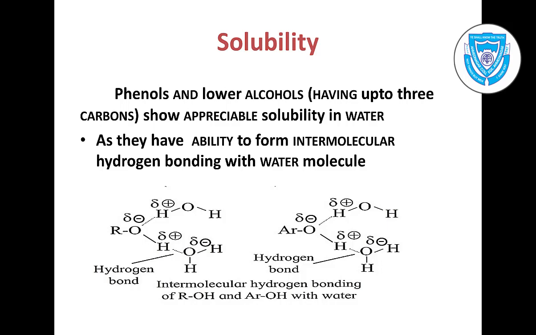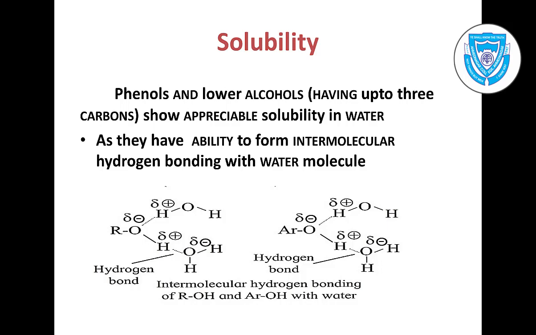You have an aromatic ring and a water molecule, a negative and a positive charge, and hence you have hydrogen bonding between this hydrogen of the OH group and the water molecule. This figure shows the intermolecular hydrogen bonding between alcohols, and aromatic alcohols, that is phenol, and water.